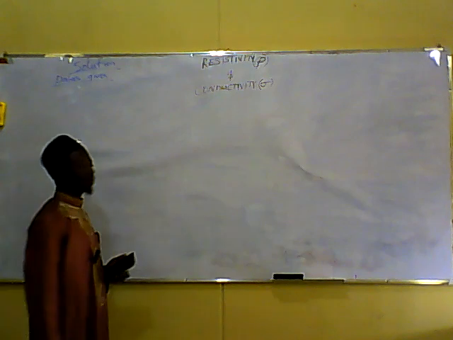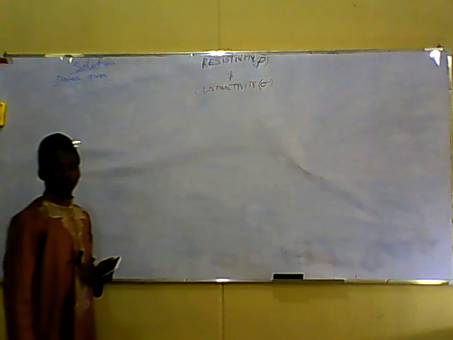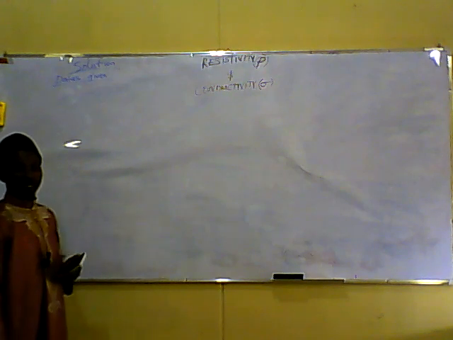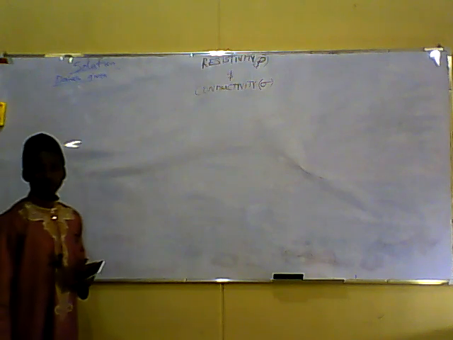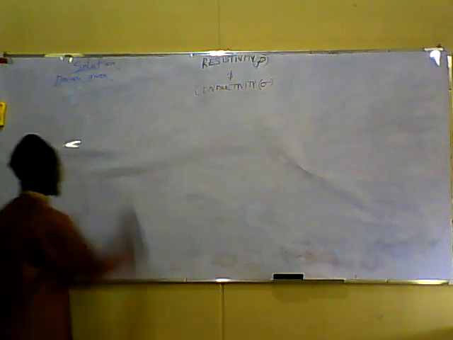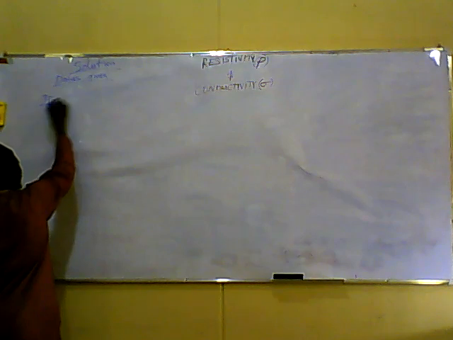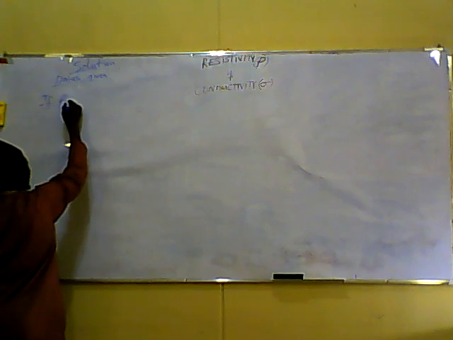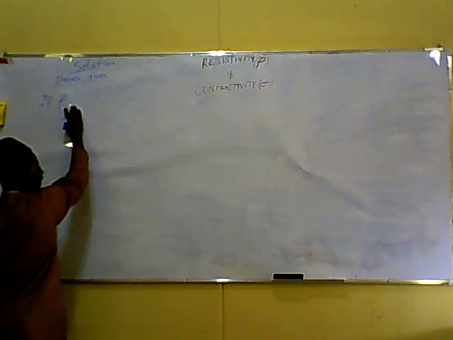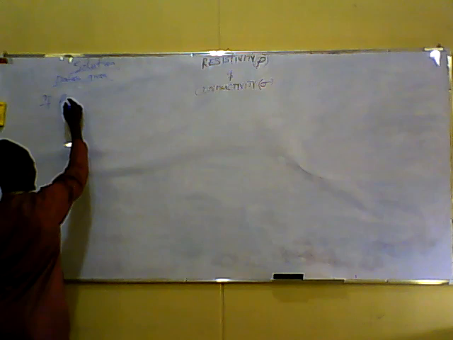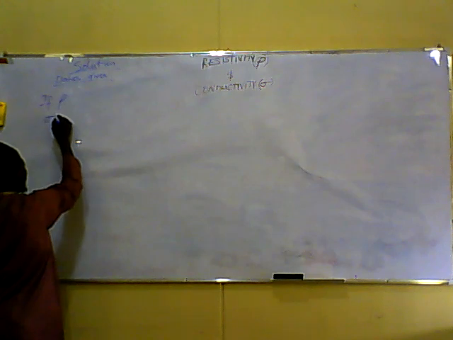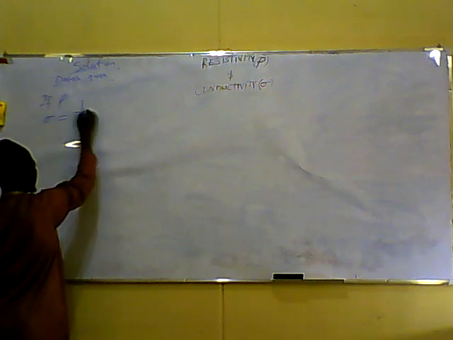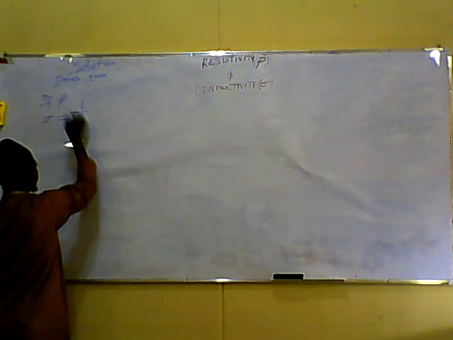Let's solve another example that concerns conductivity. Before we move further, let's know that conductivity is the inverse of resistivity. So, if resistivity, rho, is the inverse of conductivity, then conductivity, sigma, will be equal to 1 all over rho.